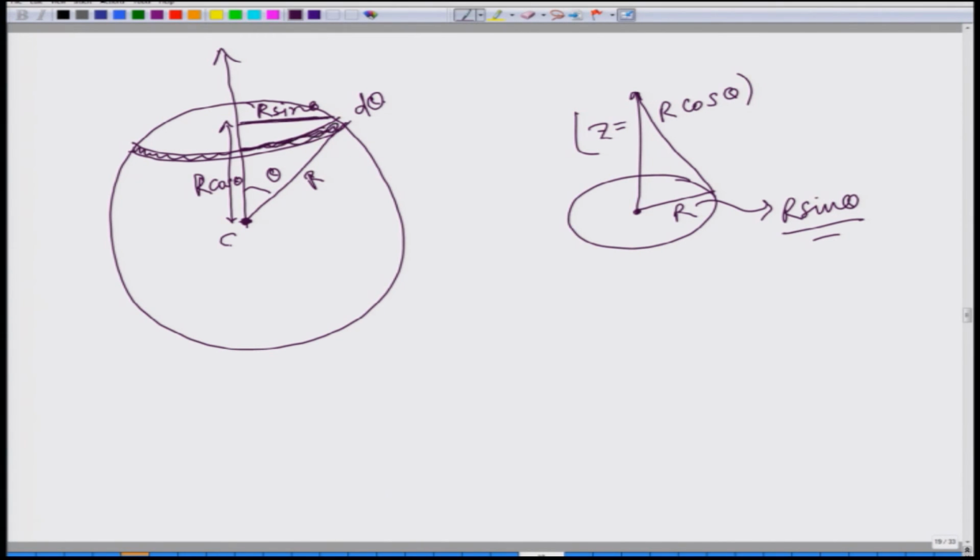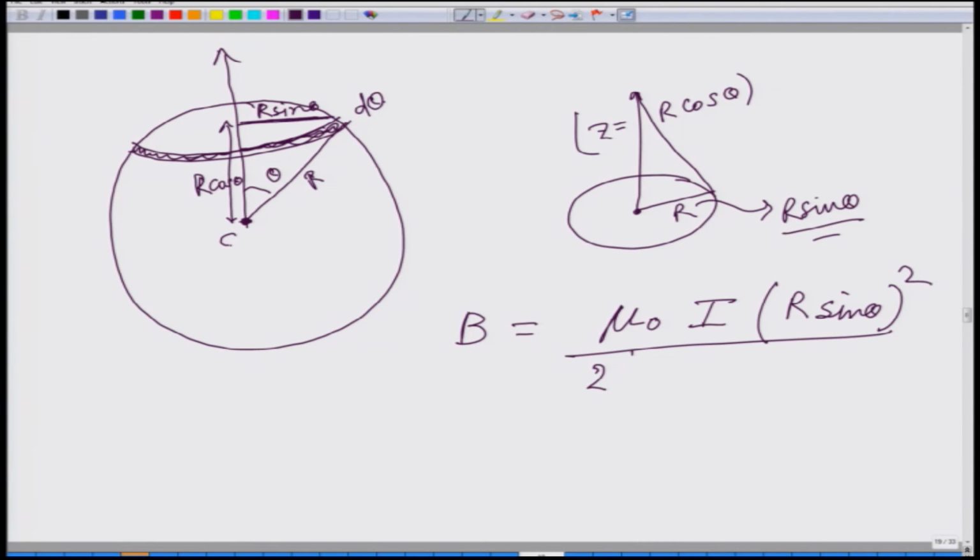So, in the expression of B which I found in example 5.6 in Griffith, I will replace r by r sin theta square and the denominator will be r sin theta square plus z square. Z is now r cos theta. So, r square cos square theta and whole to the power 3 by 2.